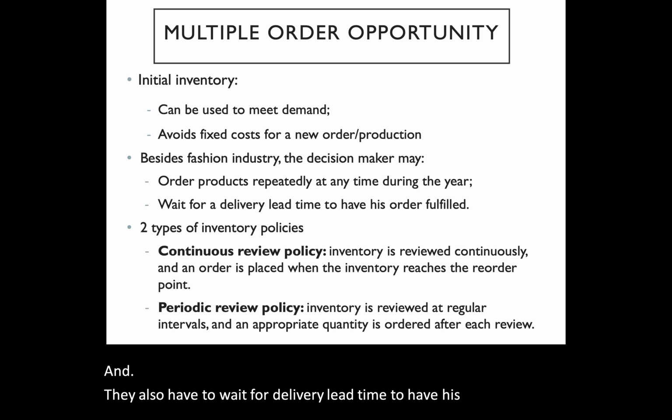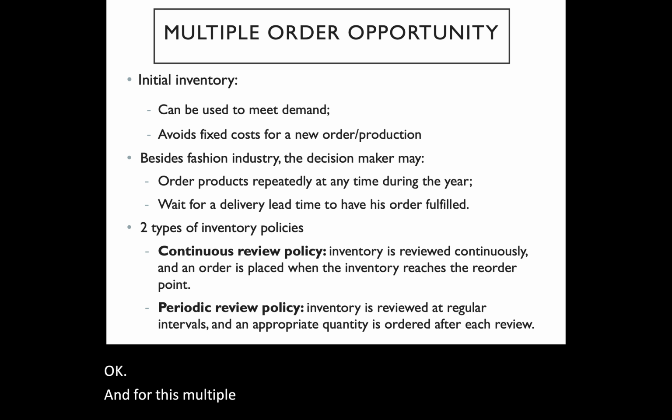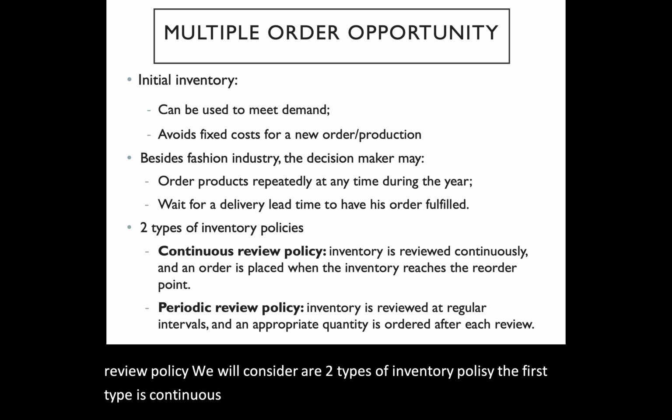Okay. And for this multiple order opportunity, we will consider the continuous review policy. We will consider two types of inventory policy. The first type is continuous review policy, and the second one is periodic review policy.